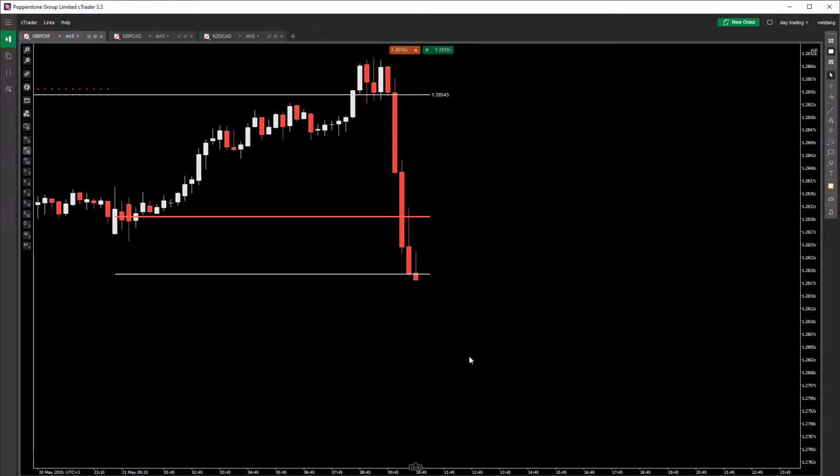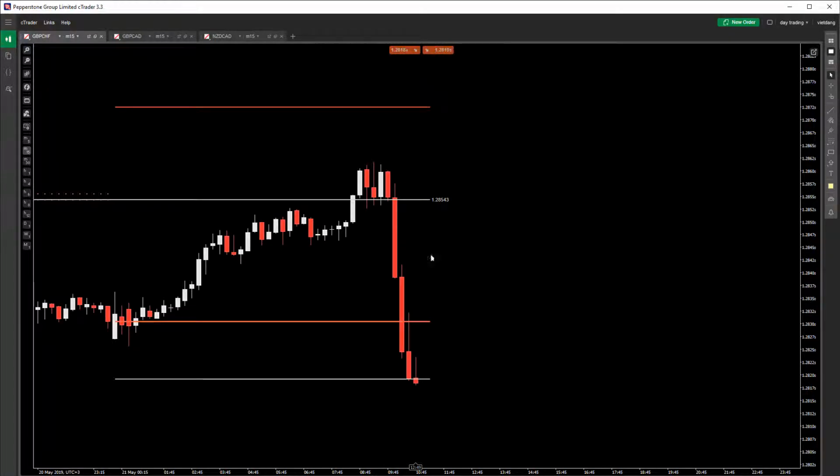So I will continue to watch this, perhaps leading into the New York session as well. If this level does indeed break, there could be a chance for me to enter on a slight pullback when it retests either this or this level. I just want to show you that it can change very quickly as well.